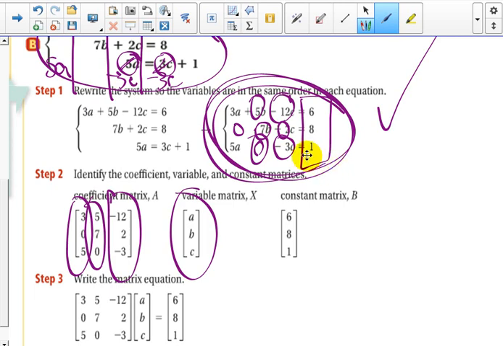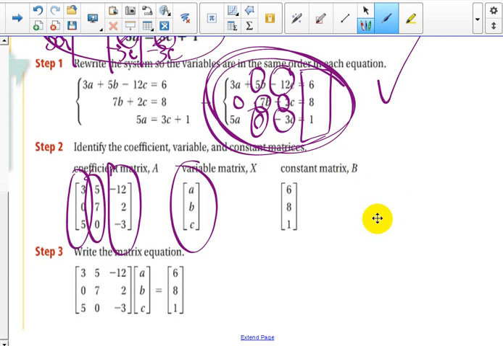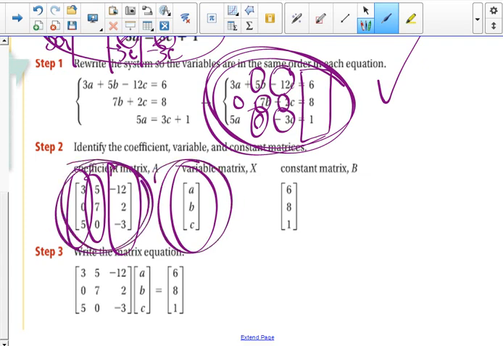All right, so now we can put all that together. The matrix equation becomes matrix A, the coefficient matrix, times the variable matrix equals the constant matrix. Are there any questions on that one?